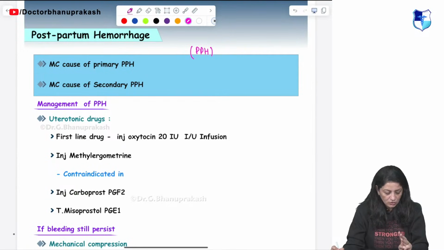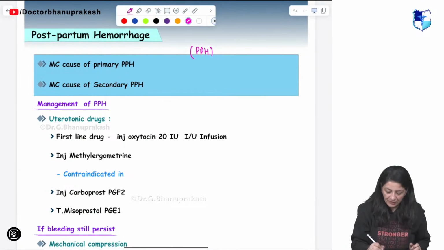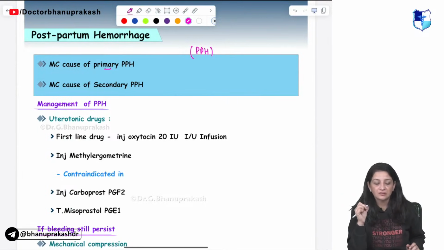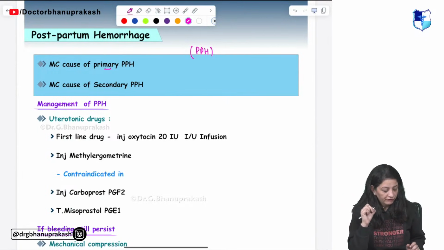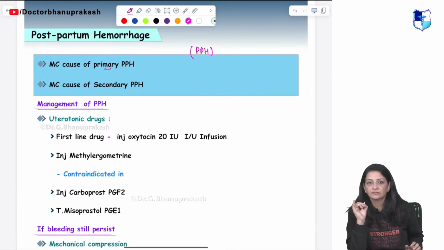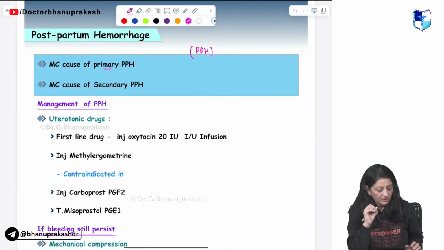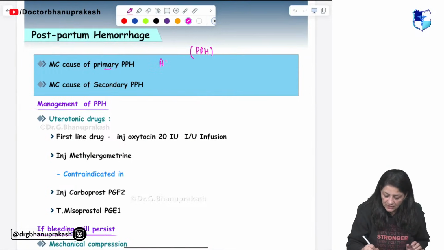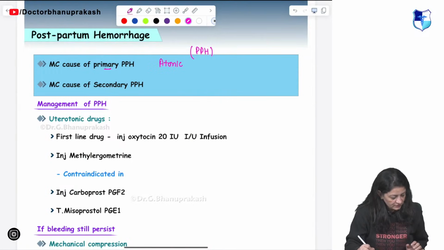What is the most common cause of primary PPH? Primary PPH means bleeding occurs within 24 hours of delivery. The most common cause is atonic uterus.